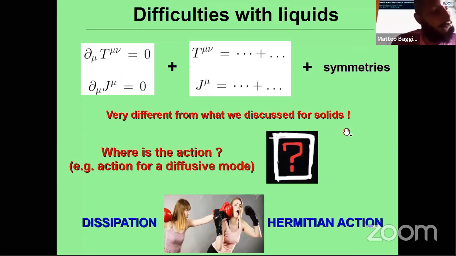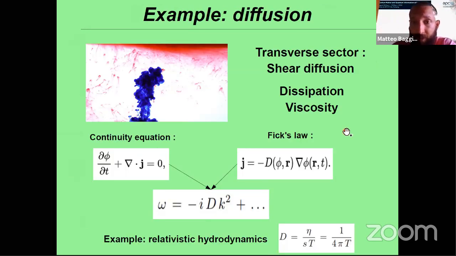Now, why are fluids somehow different from what we discussed yesterday? You can already see why, because the approach is totally orthogonal to what we were doing. As I was showing just now, we don't start from an action. We don't start from a field theory. We start directly from some conservation equation and some constitutive equation.